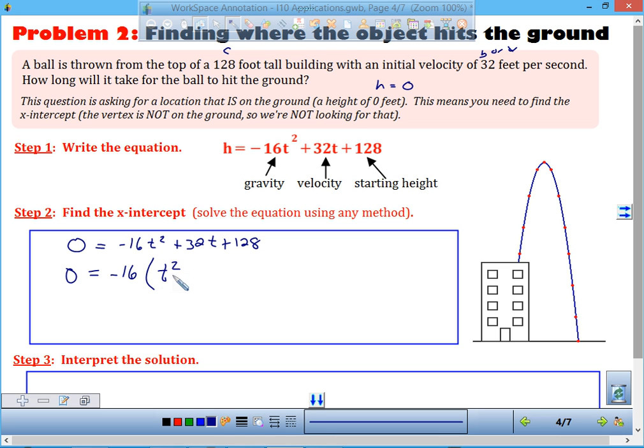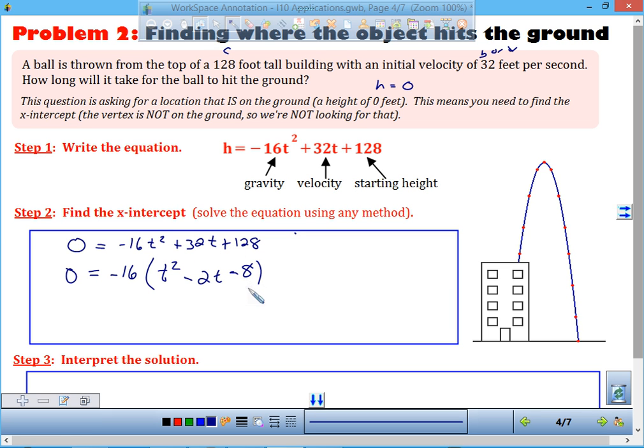Now I have t squared. Remember, when you find a GCF, you always want to get a to be positive. That's your goal. So then I have minus 2t minus 8. It's minus because I have a positive divided by a negative.